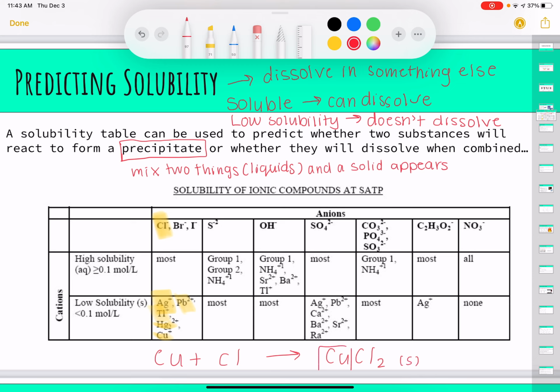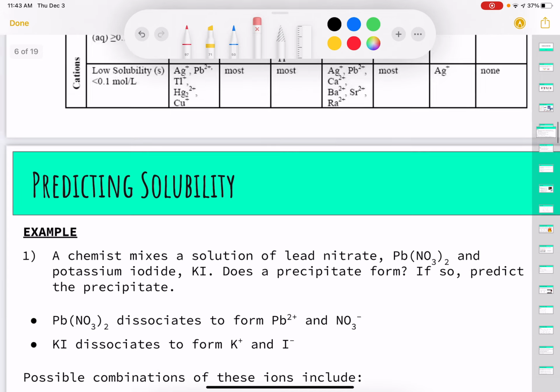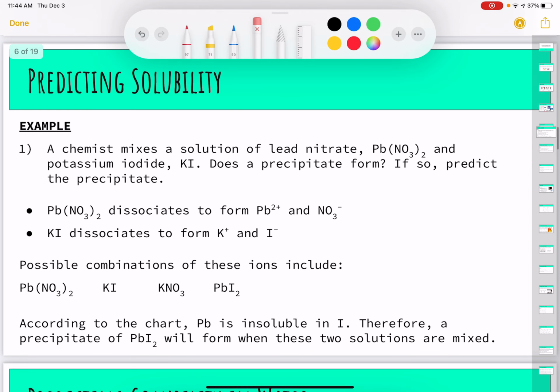So that would become a solid, and that does not dissolve in one another. All right. So just looking at this table, it sort of explains to you what can dissolve in what. And this will become clear when you try and do some of these questions. So we'll probably do some examples right here.